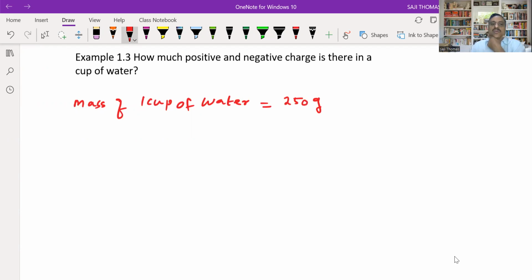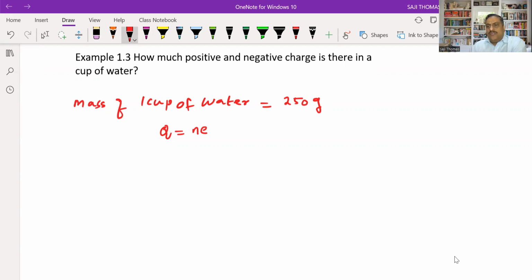You need to find out how much positive and negative charge is there in a cup of water. That is the question. So you need to use the formula Q is equal to Ne. Then you can find out the charge.